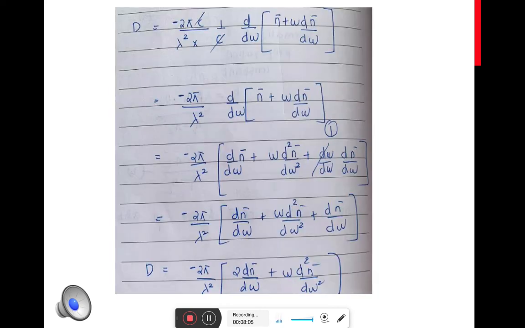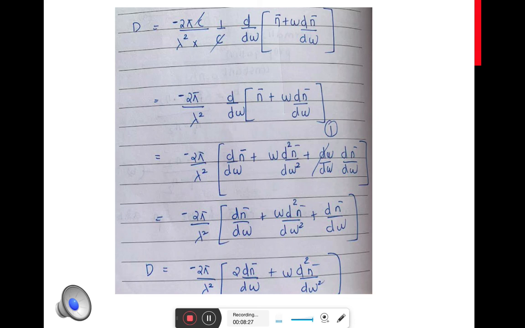Further reducing the term, we took out 1 by c outside of the expression because 1 by c is constant, and that gets cancelled with the c here, and the rest of the term will be minus 2 pi by lambda square, d by d omega of n bar plus omega into dn bar by d omega.